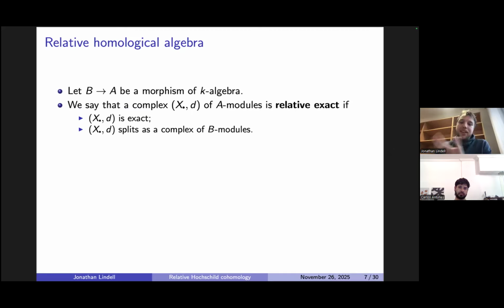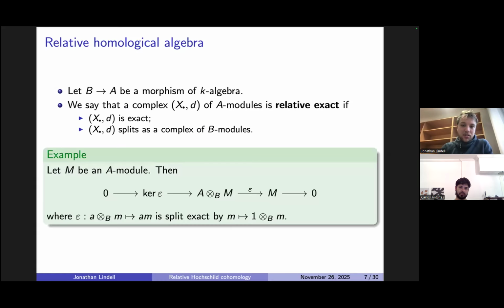So let's give an example, just to see what this means in practice. Now if M is any A module, then we can of course apply the forgetful functor and then induce. I can take the tensor product of M with A over B. And then we have a map epsilon here, which is given by the action.